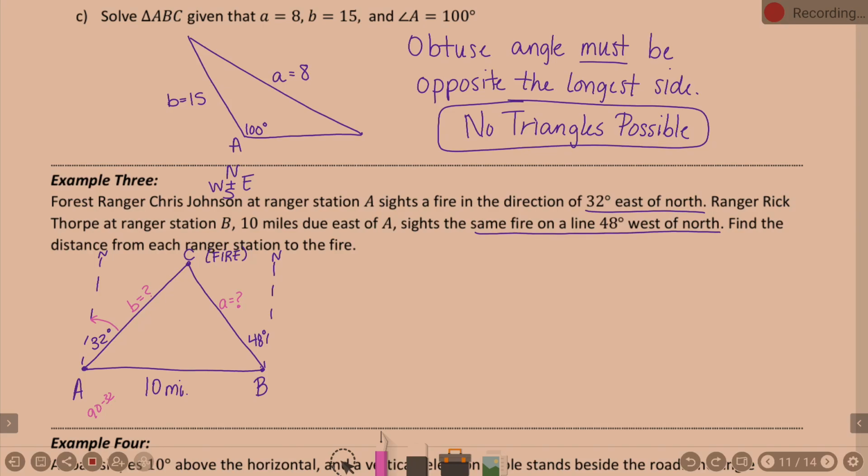And what's 90 minus 32? 58. Over here, same thing. We've got a right angle happening. So 90 minus 48 is going to put us at 42.